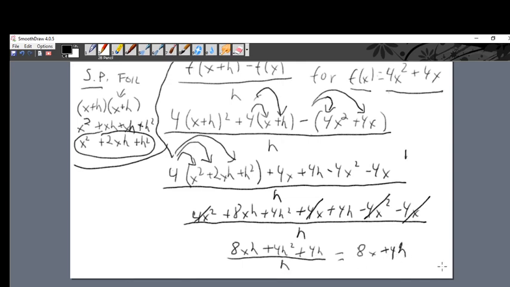And 4h divided by h is going to be 4. There's one last thing you can do here, and that is bring out the entire 4, because 4 goes into all of them. So we can have 4 times 2x plus h plus 1. And there's nothing more we can simplify. That's it.